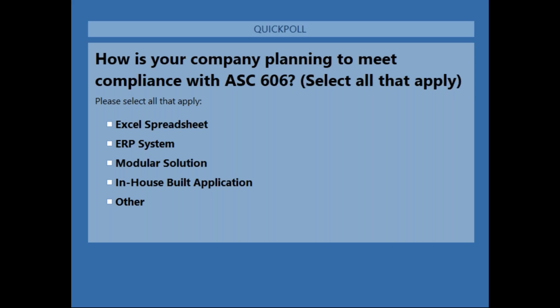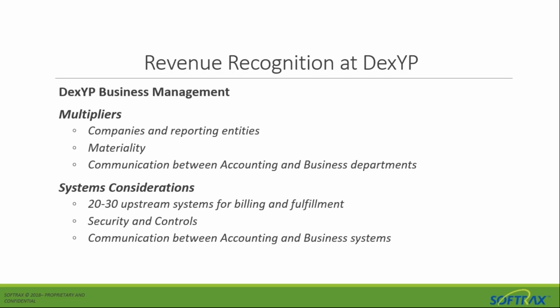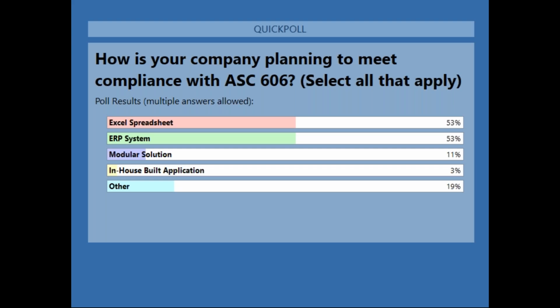Okay, so I'm going to close the poll and we can talk about this. All right, so we have 53% in Excel spreadsheet and 53%. I don't know how that adds up to 100. Oh, we allowed you to select more, that's why. And it looks like none of you really are using a built solution or a modular solution, which we've kind of talked through.